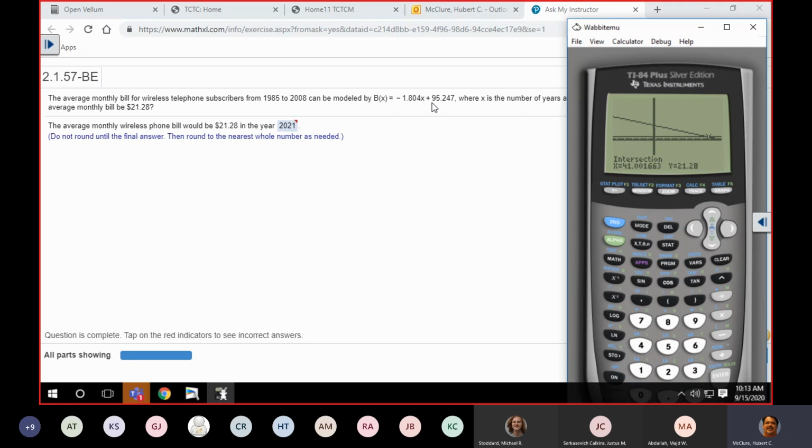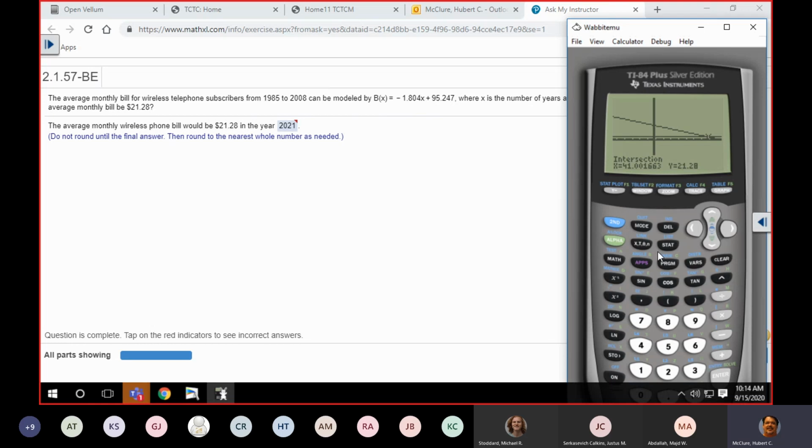You would get 41 and then add 41 to 1980, and that would give you 2021. That's probably the best 2 ways to do it: set the whole thing equal to 21.28, or graph it.